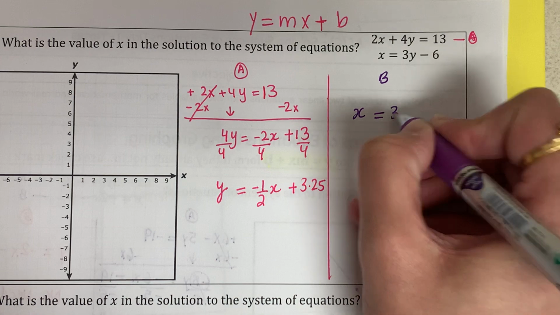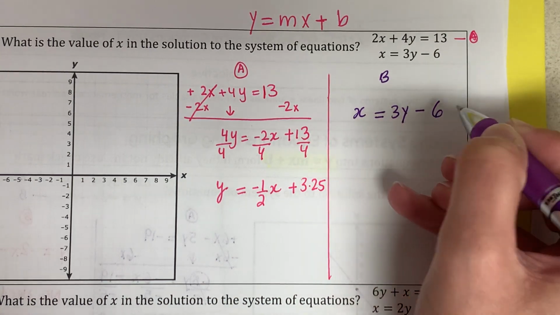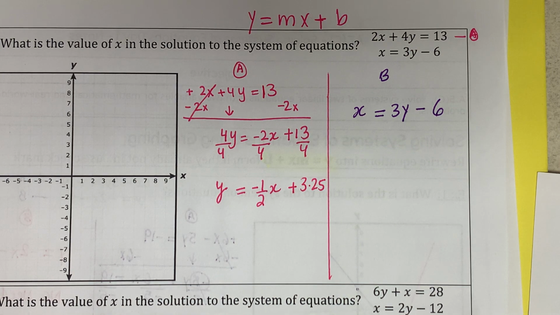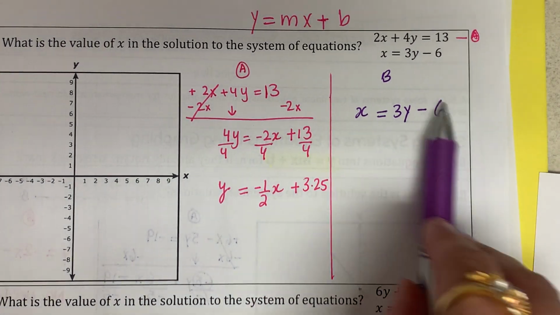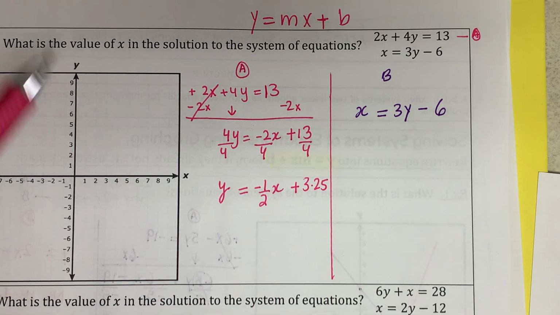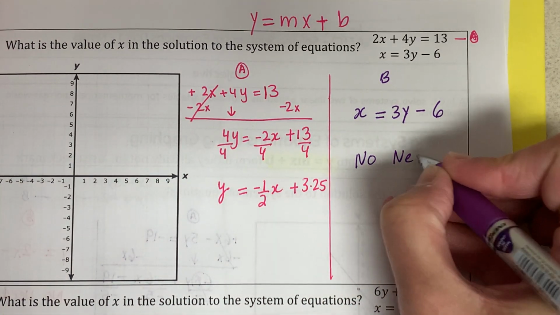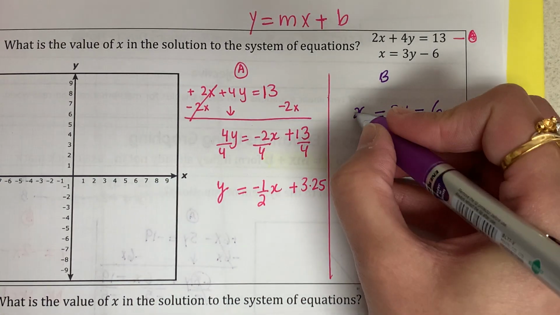x equals 3y minus 6. Now, one good thing about this equation is I actually do not have to change it. Your calculator can graph this equation by itself.